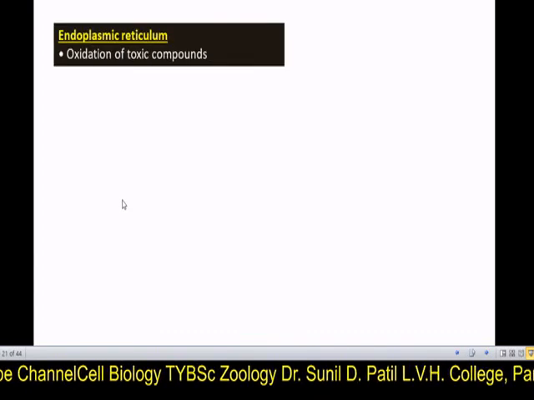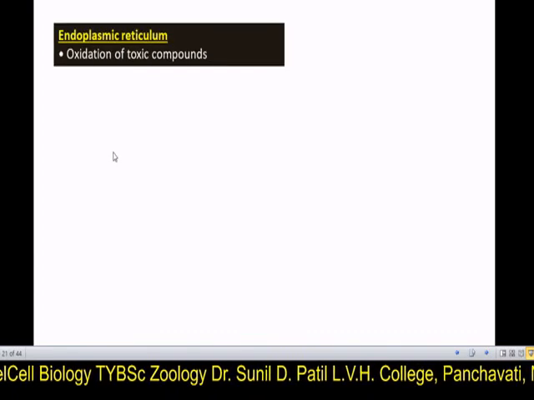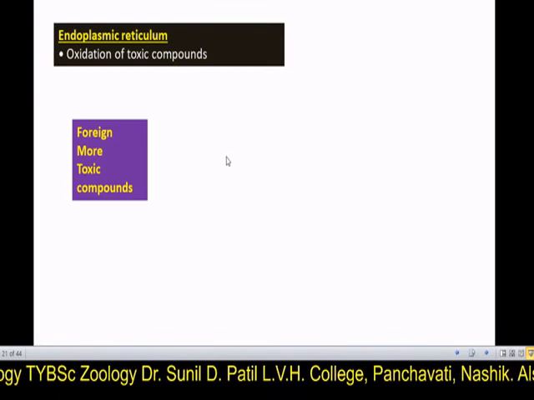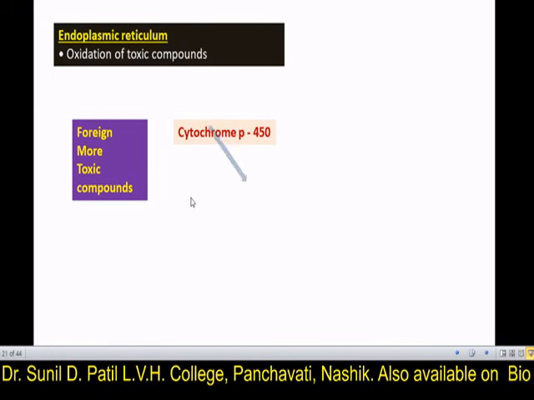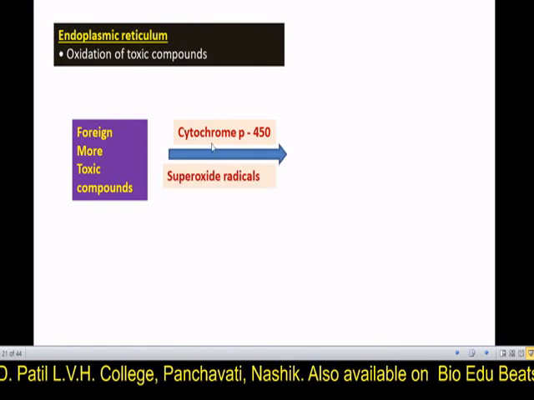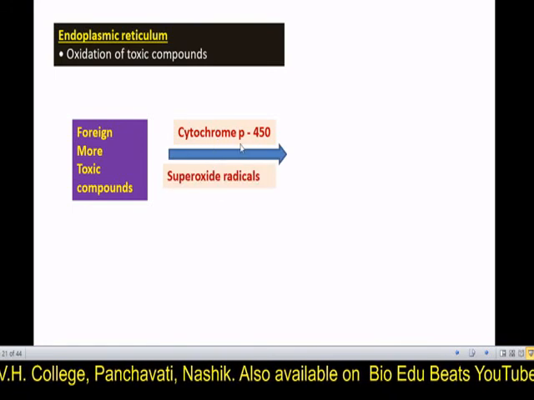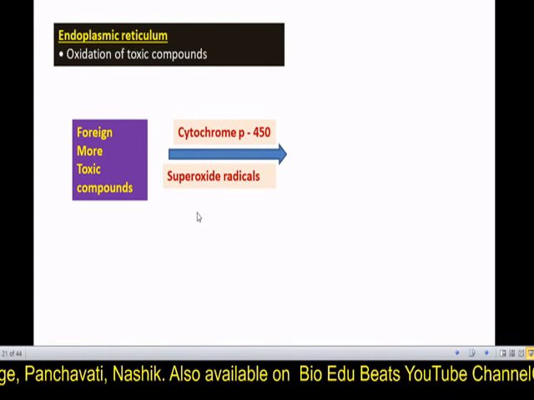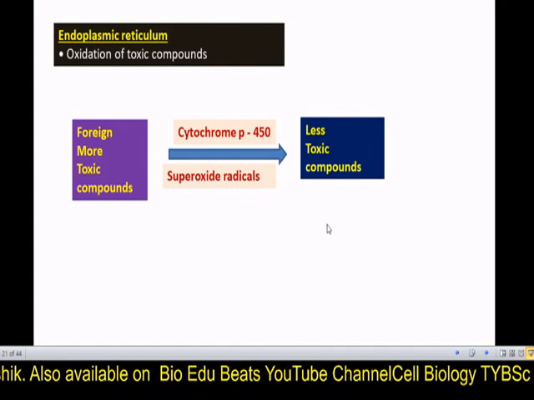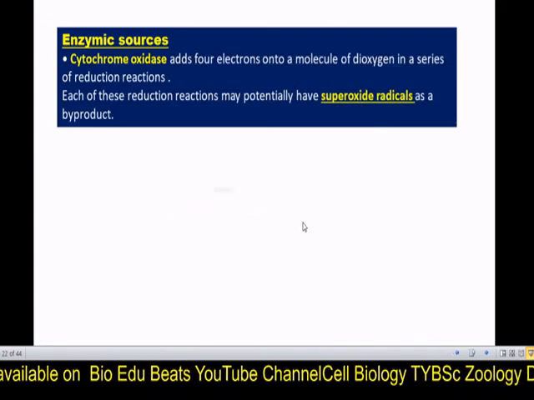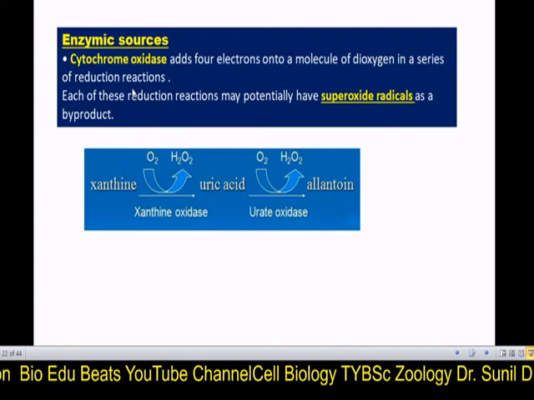In the endoplasmic reticulum, oxidation of toxic compounds normally takes place. The foreign toxic compounds, in the presence of cytochrome P450 or superoxide radical, normally become less toxic compounds, but free radicals are formed due to enzymatic sources.